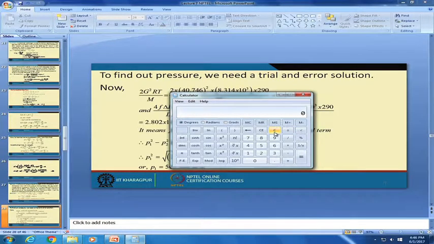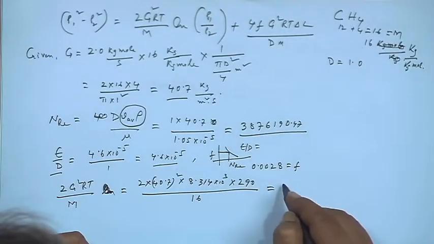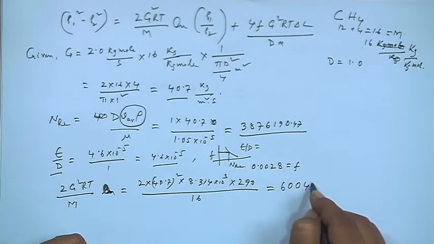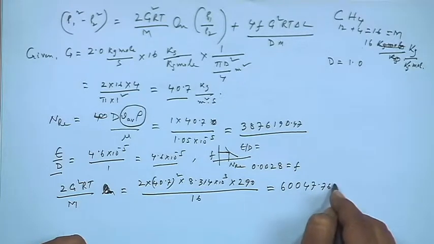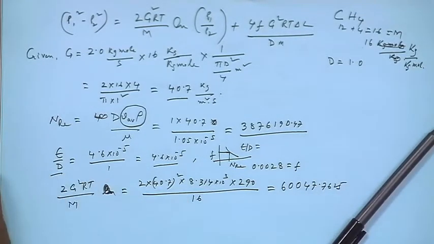That is 2 into 40.7 square into 2 into 290, divided by 16, is equal to 60047.7625, right.